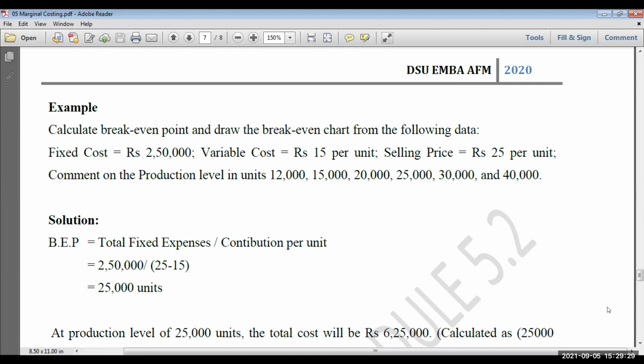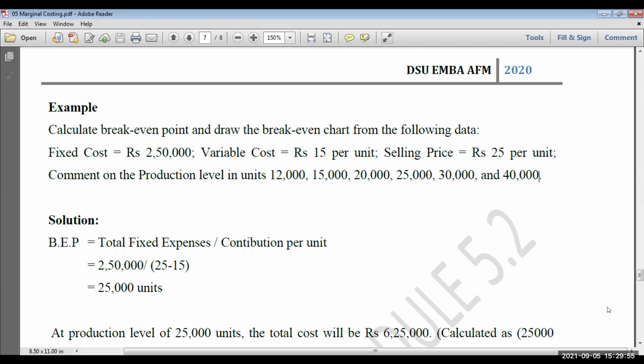Selling price per unit minus variable cost per unit. Selling price is 25 rupees per unit. Variable cost is 15 rupees per unit. So 25 minus 15 is equal to 10. So 2,50,000 divided by 10 is equal to 25,000 units.